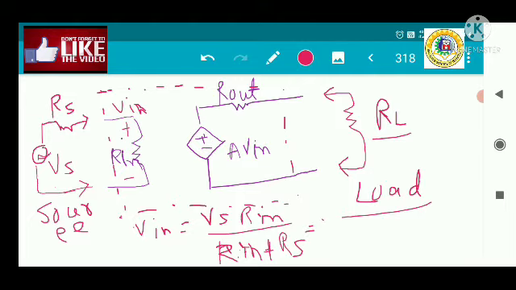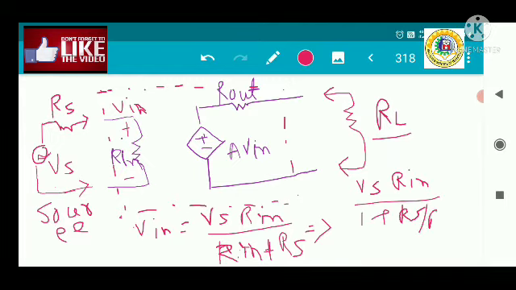So Vin equals Vs into Rin divided by 1 plus Rs divided by Rin.